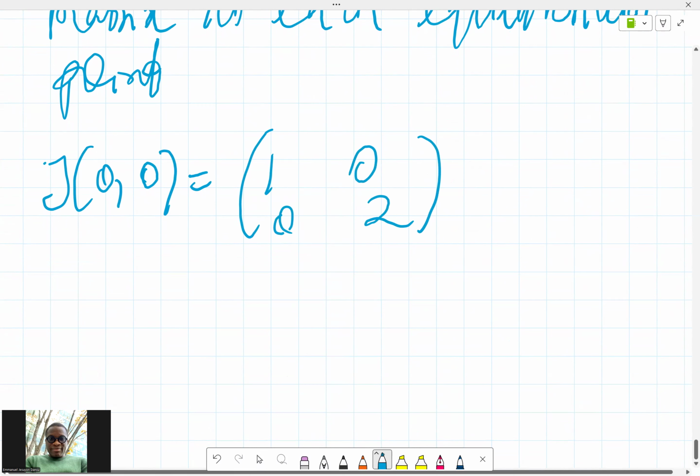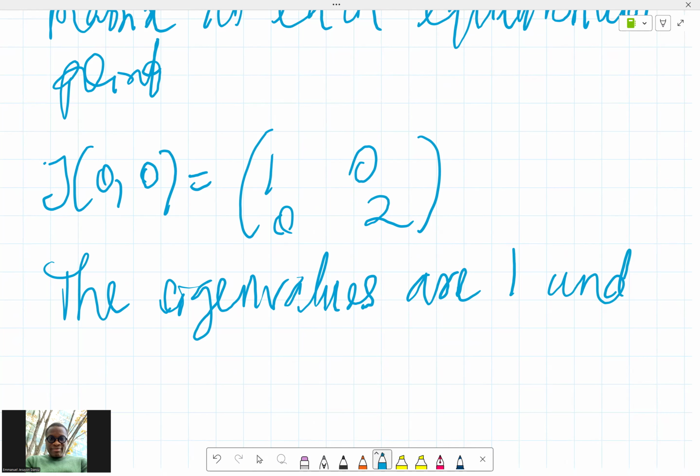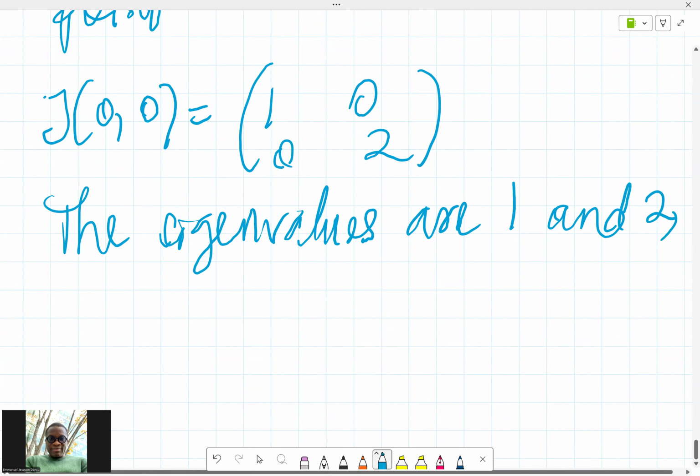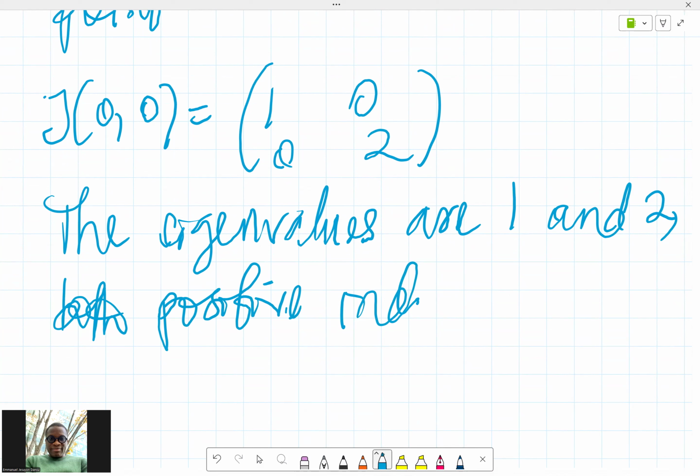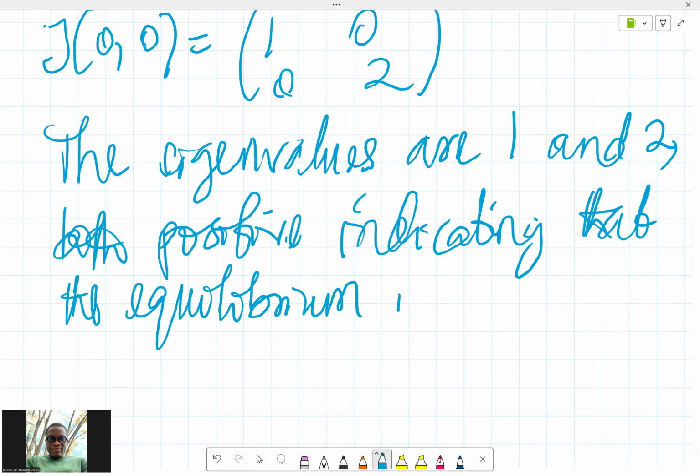So the eigenvalues are 1 and 2. In fact, this is easy to read. If you have a triangular matrix like this, the eigenvalues are just straightforward to read. So here the eigenvalues are 1 and 2, both positive, indicating that the equilibrium point 0, 0 is unstable.